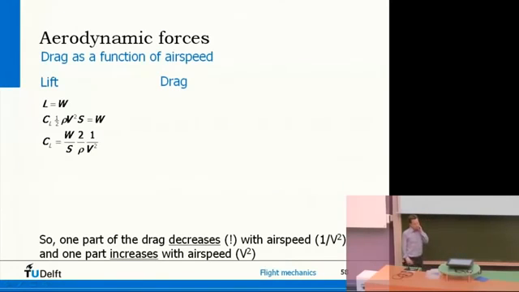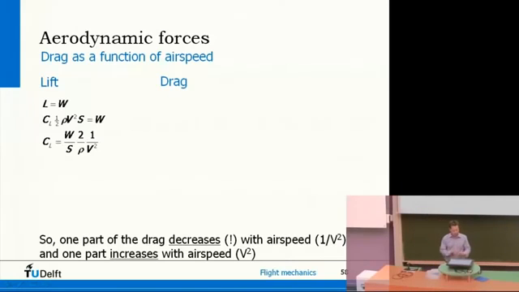Now, what you see here on the left-hand side: if you fly horizontally at constant speed, then we have lift equal to weight. You've just seen this picture before. So, before I took airspeed out of the equation, you can also say, let's take the lift coefficient to the left-hand side of the equation and see what it is a function of.